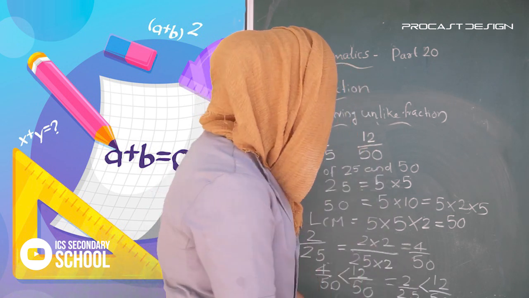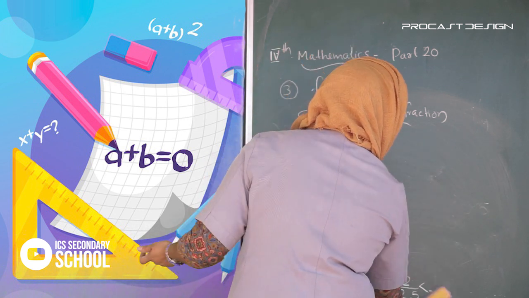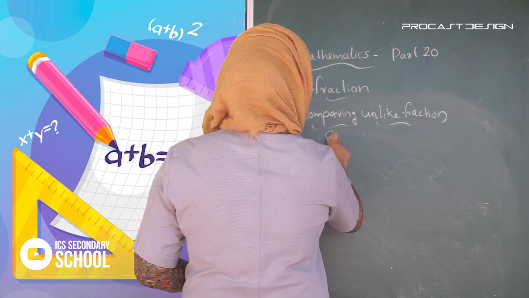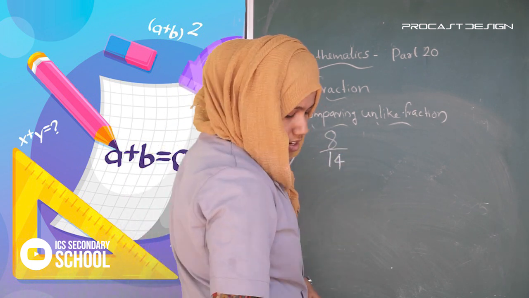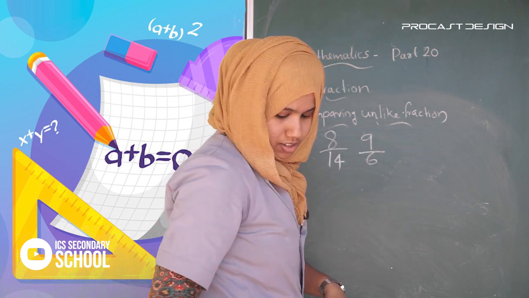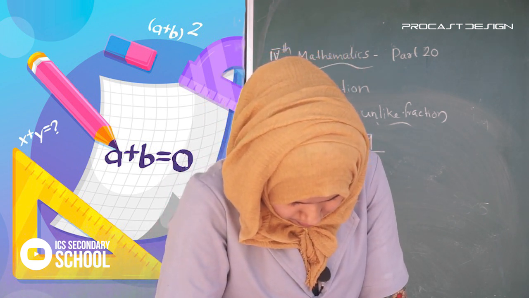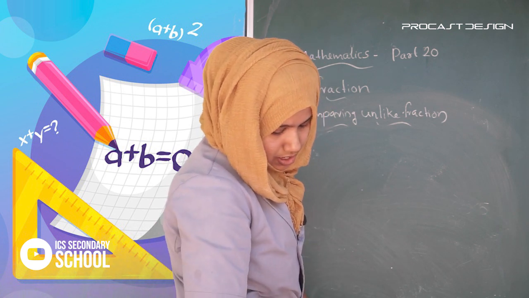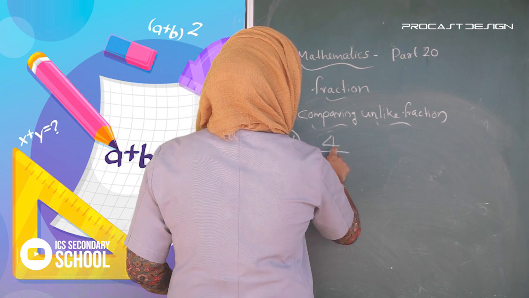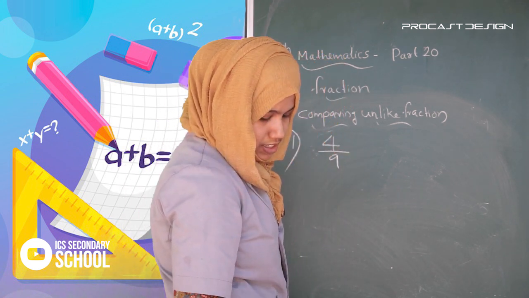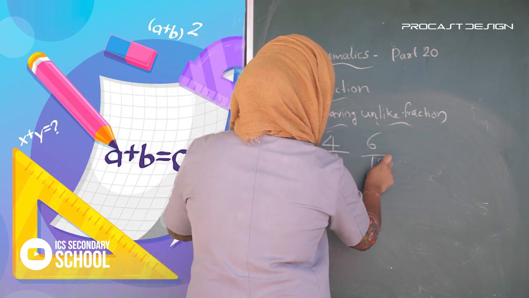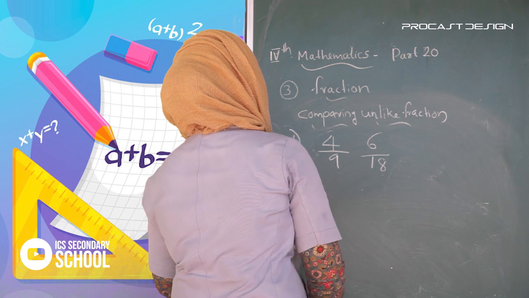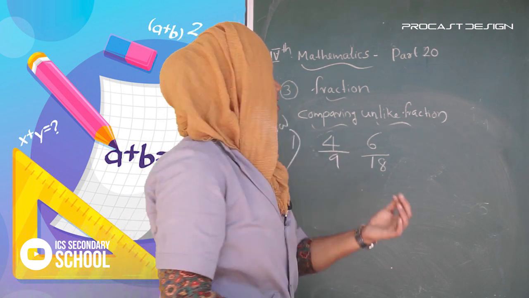Okay, so you have homework: compare unlike fractions. 4 by 9 and 6 by 18. Compare these unlike fractions.